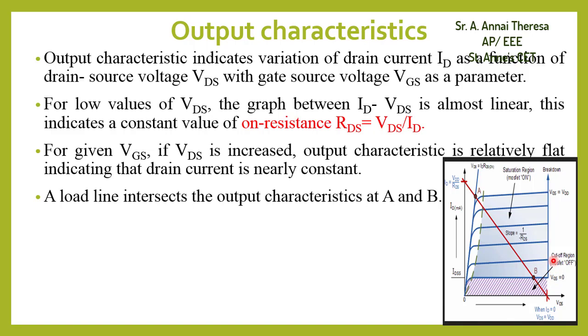In the same way, if VGS is 3 volt or 4 volt, and we keep increasing VDS, there is no change in the drain current. The curve is almost flat. So this is the output characteristics. This is the load line which intersects at points A and B.